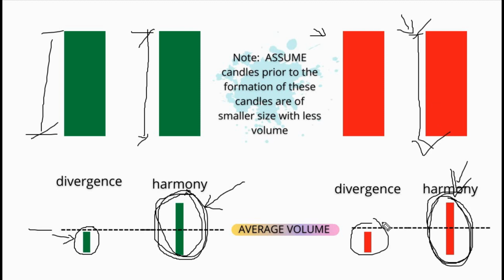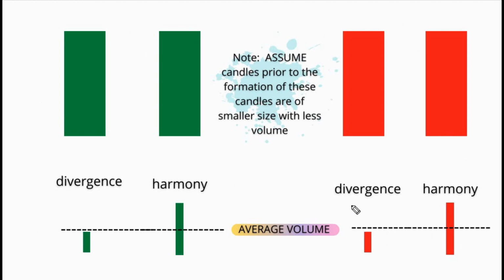Obviously this one and not this one, because this one is formed with very low volume. This is indicating there is no presence of the institutions or the market makers. Here they are present. That's why we saw a volume which is higher than the average volume size on that particular instrument. Also, we are assuming the candles formed prior to these candles are of narrow spread and low volume.